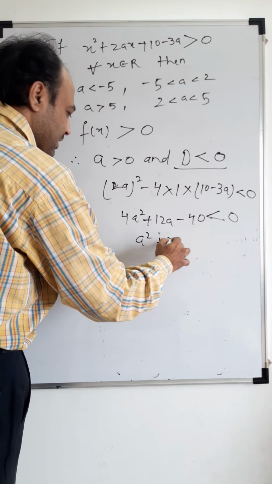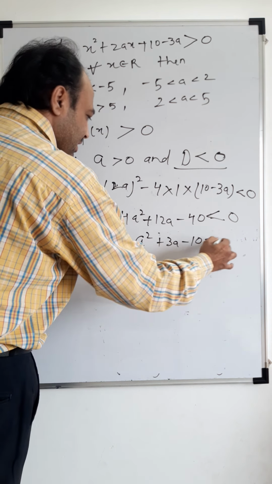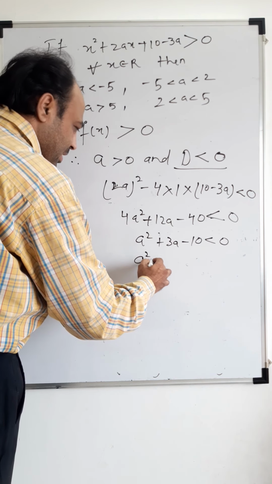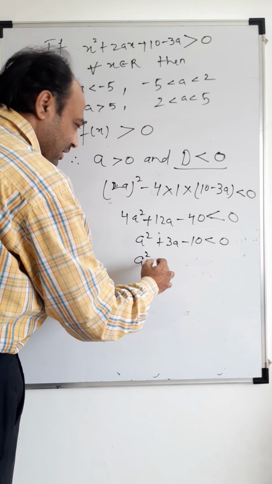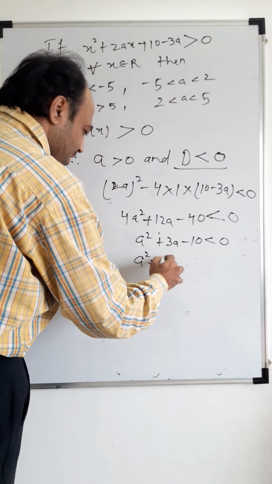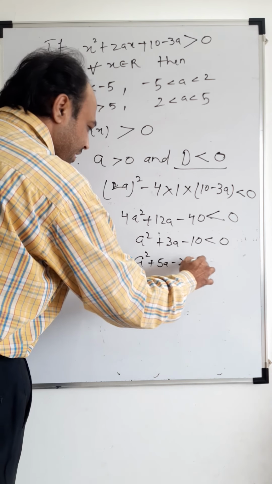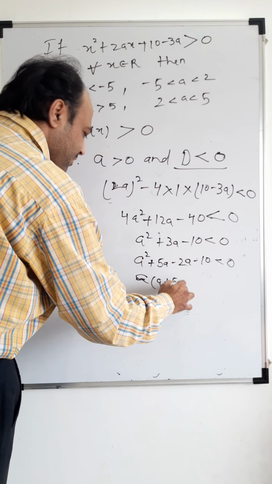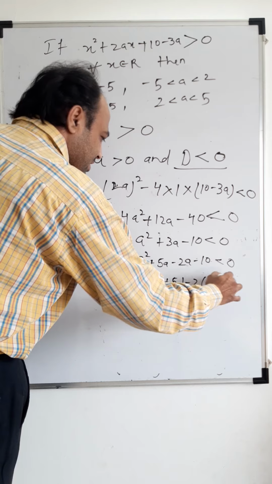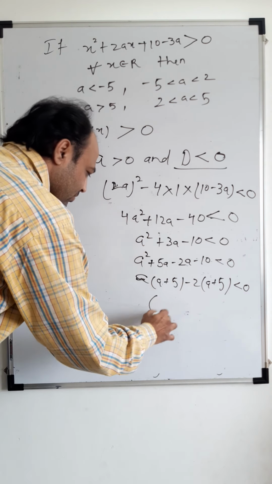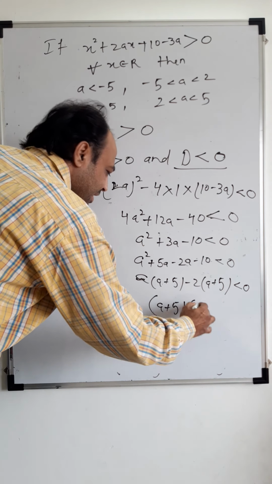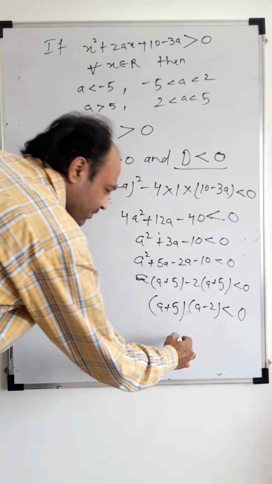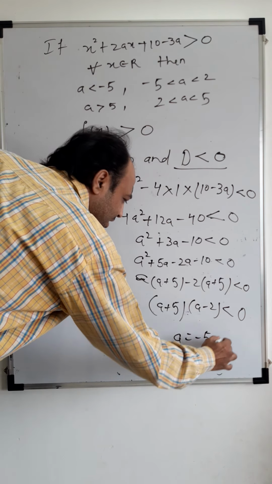Divide by 4. Get a factor. So a square plus 3a minus 10 less than 0. So a square plus 5a minus 2a minus 10 less than 0. So we have (a plus 5)(a minus 2) less than 0. Correct?